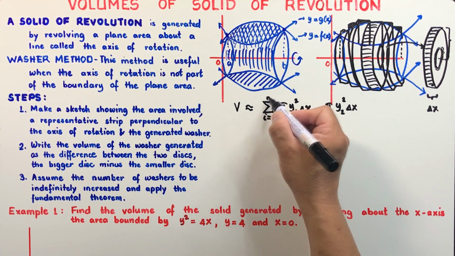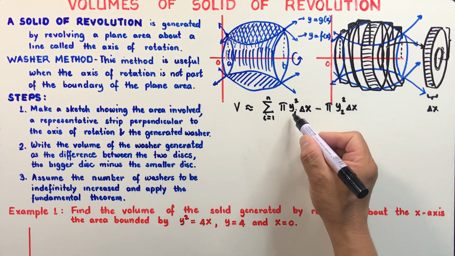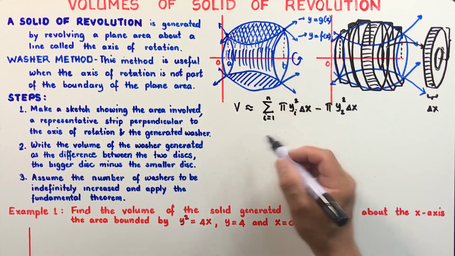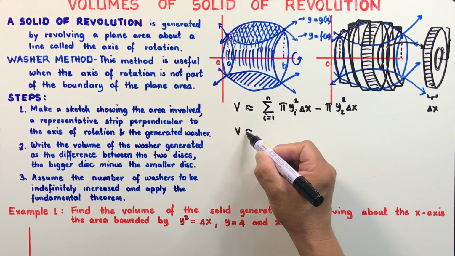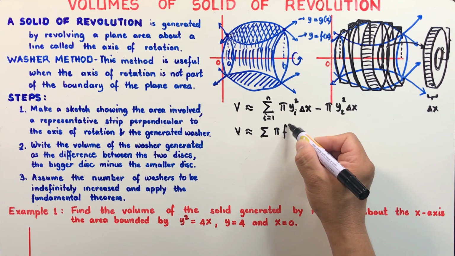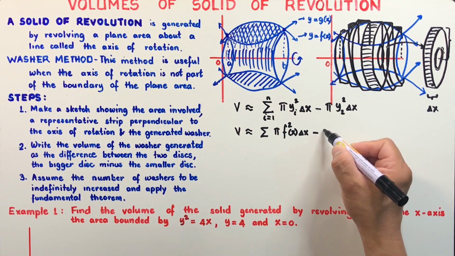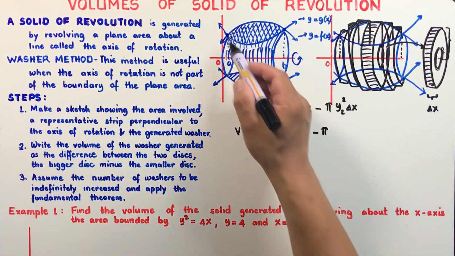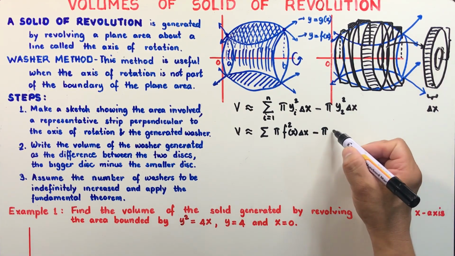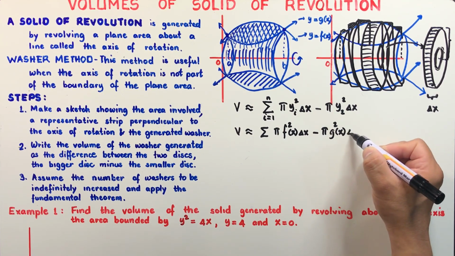There are n discs, but actually here there are 5 discs. Now take note that this y is the y of the upper curve, which is f of x. So instead of writing y, we write f of x. So pi f of x squared delta x minus pi times the y of the lower curve, because this is the radius of the smaller disc, which is g of x quantity squared delta x.